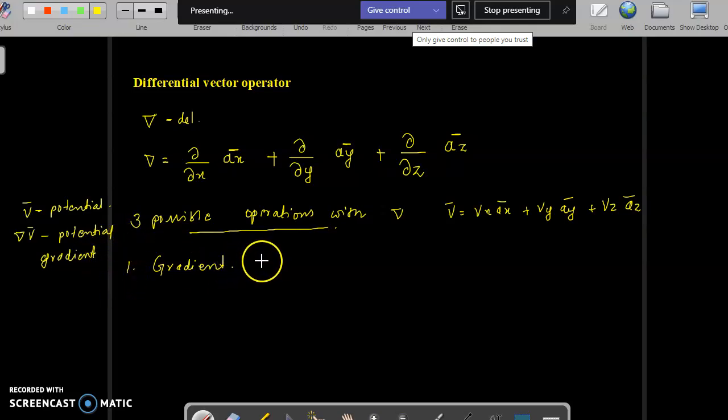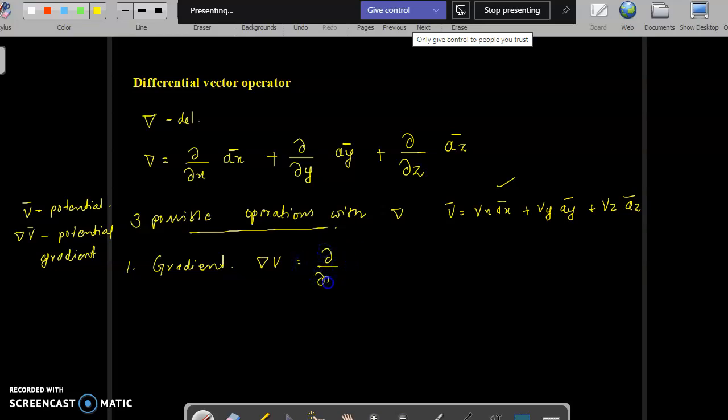So how do we represent del V? This is del V. If the potential is represented in vector form, then the gradient of the potential, del V, is the potential gradient. How can we write this del V?